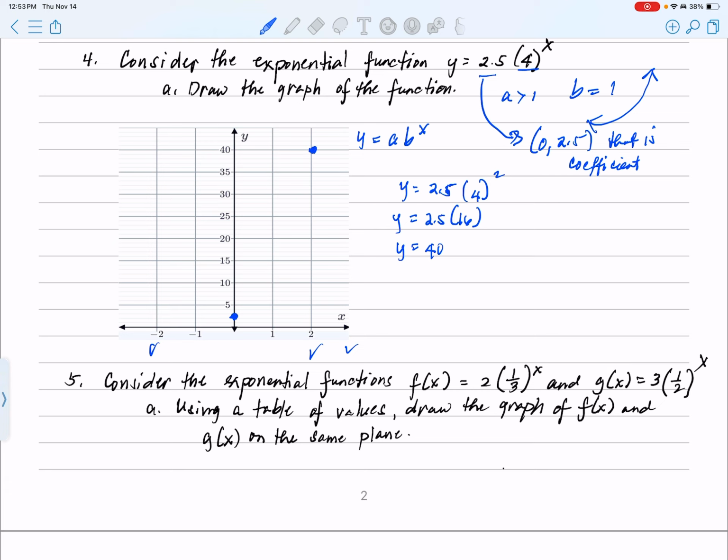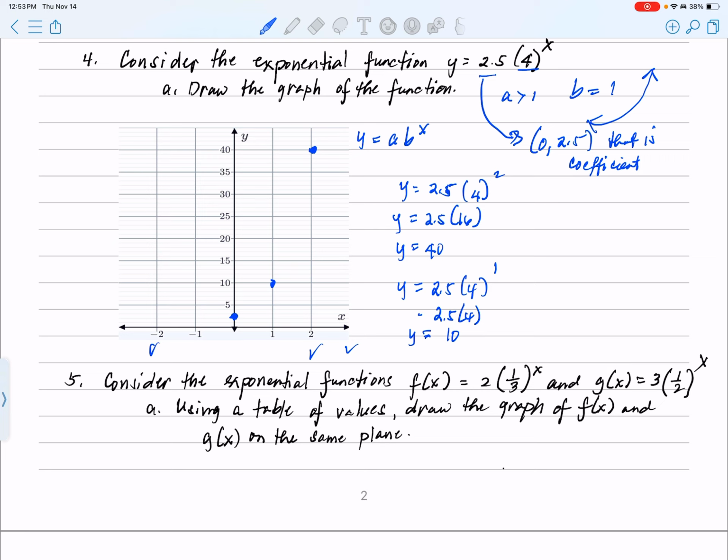So let's get some more points. If I use 1, y is 2.5 times 4 to the first power. So 2.5 times 4, I will get the value of 10, right? So it will be 10 right here. Which one didn't I use yet?